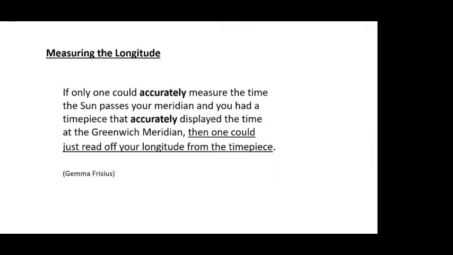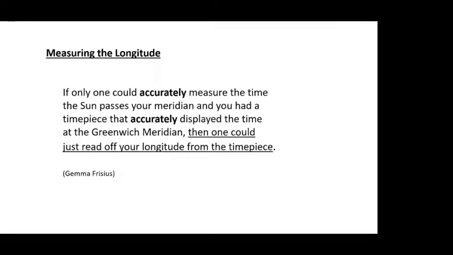In the case of astronomy, we measure a star's north and south as declination, but we measure its east and west, or its longitude, in something called a right ascension, which is measured in time, hours, minutes, and seconds.